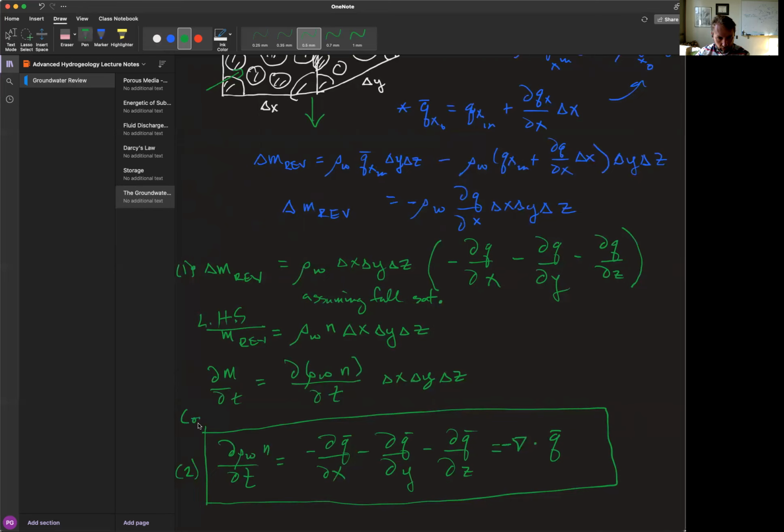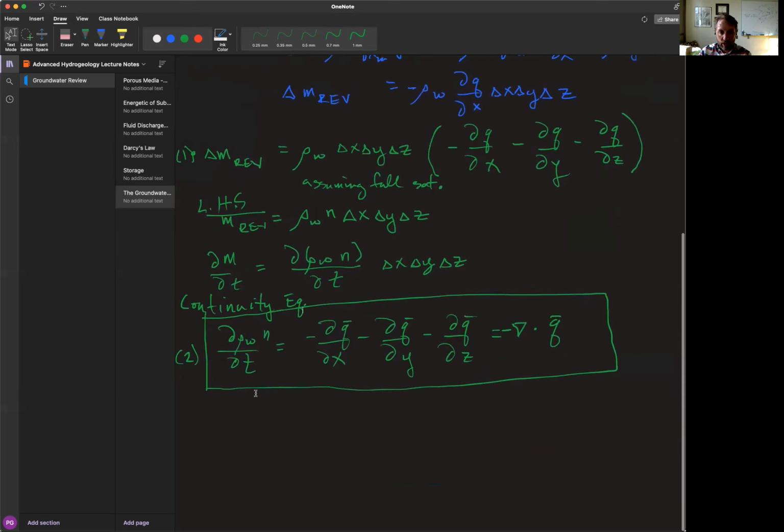I'll give it its title. It's really just a statement of conservation of mass. It's a partial differential equation. It does describe the flow of groundwater and the change in mass in the subsurface, but it is in many respects not very usable for us.